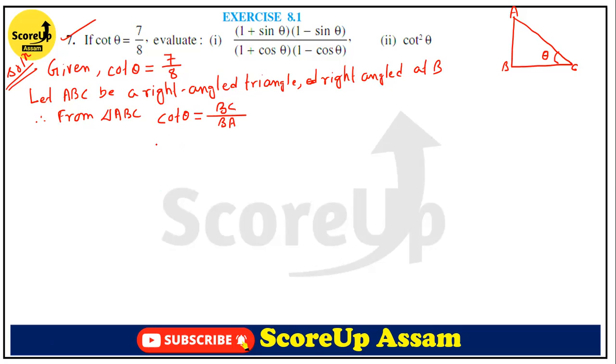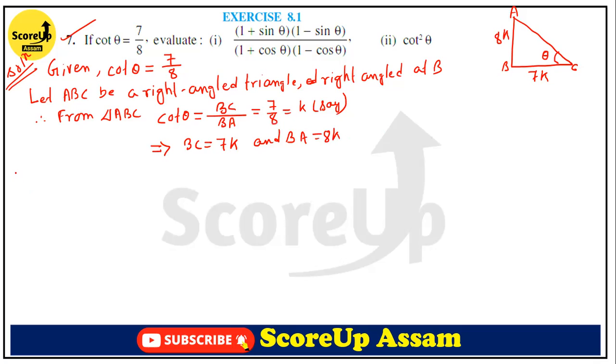And what is the value of cot theta? Cot theta is equal to 7 by 8, which is equal to 7K by 8K. That means BC is equal to 7K and BA is equal to 8K. So this is 7K, this is 8K.